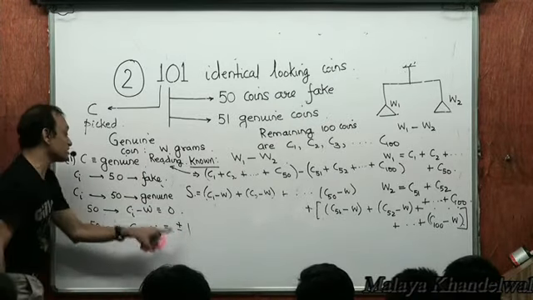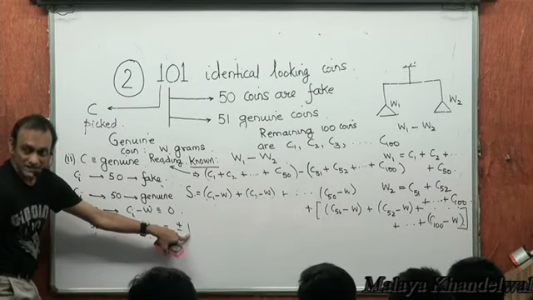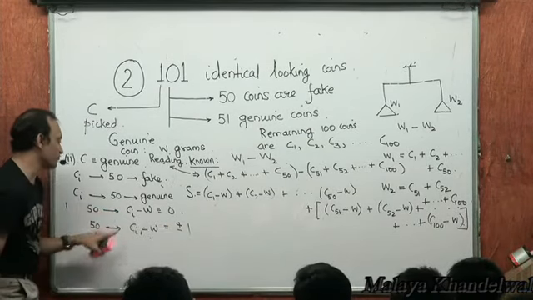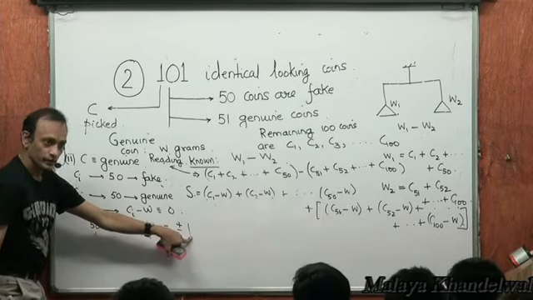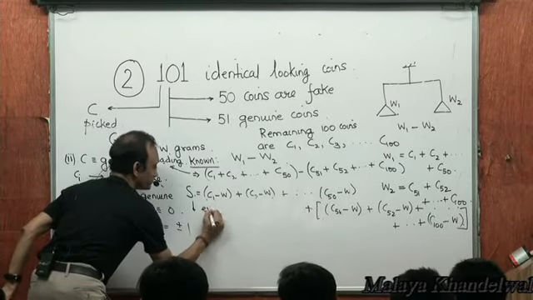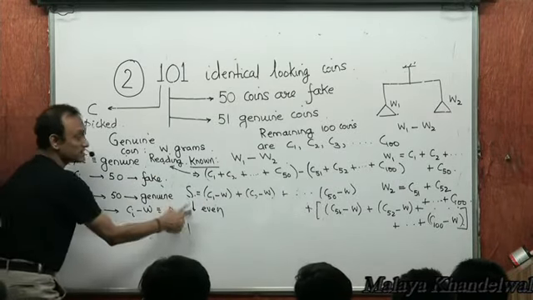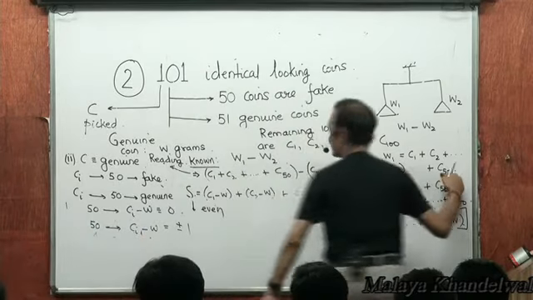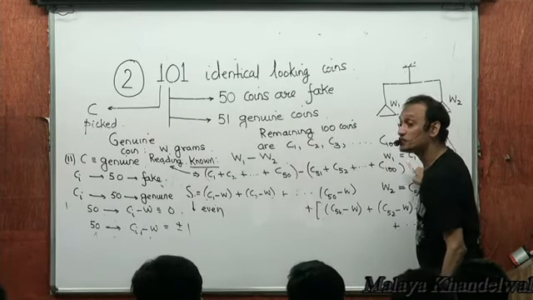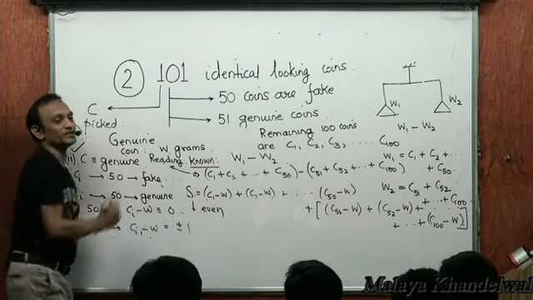That means this summation would be an even number, 50 into 1. So S will turn out to be even if this is the case. If S is even, then this will be even. That means if the difference turns out to be even, then the coin C must be genuine.